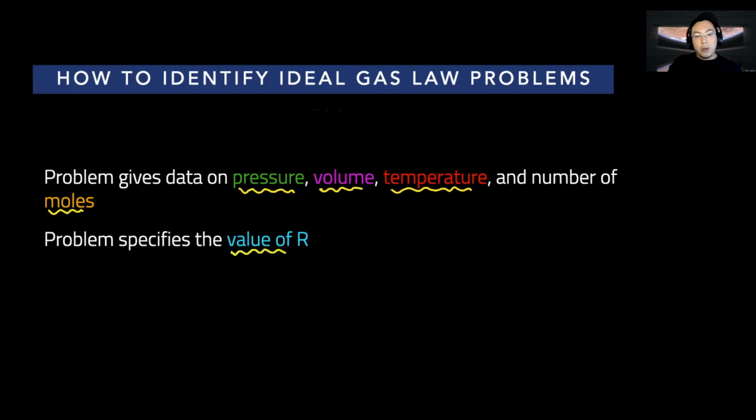Additionally, we're also being specified about the value of R. Remember, there will always be one of the variables that is not given. So let me write down the formula, like PV equals nRT, right? Consider this. R is a constant, right? So this probably will be already expressed in some sort of way, not included in the problem, right?